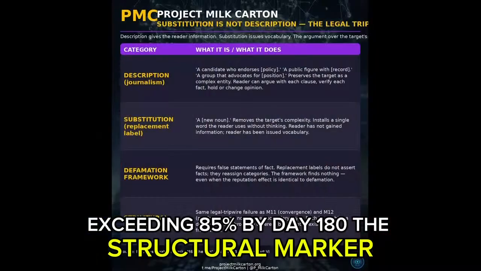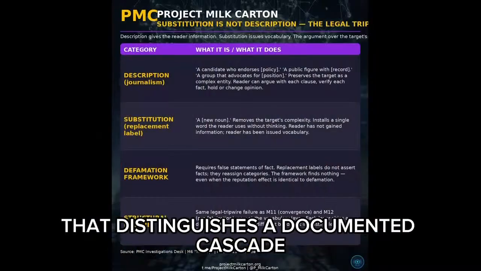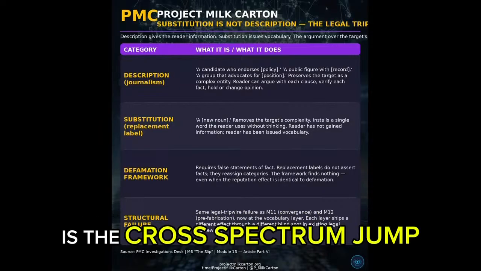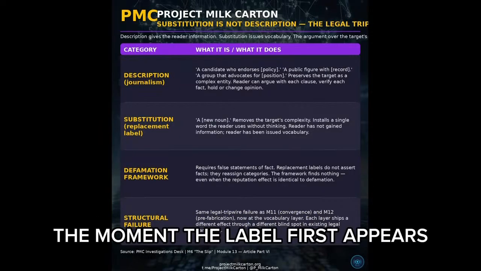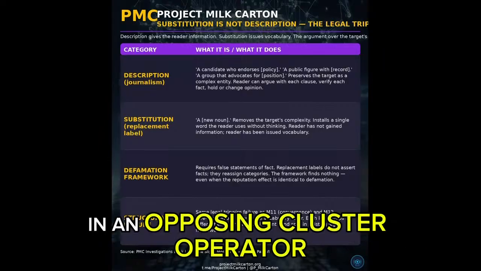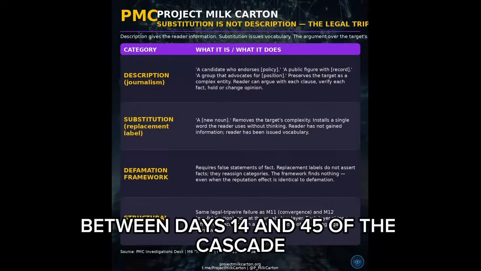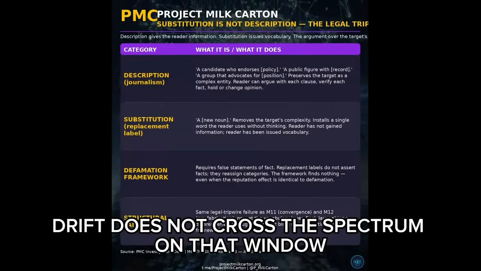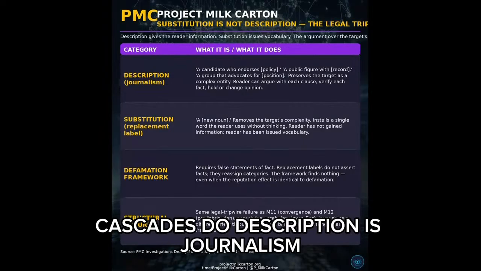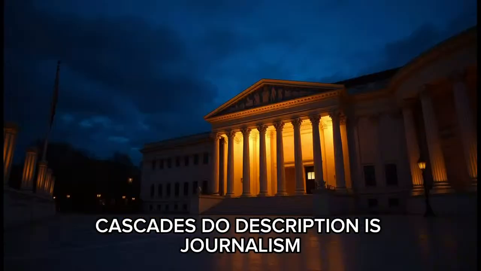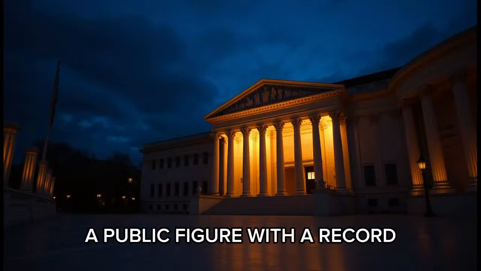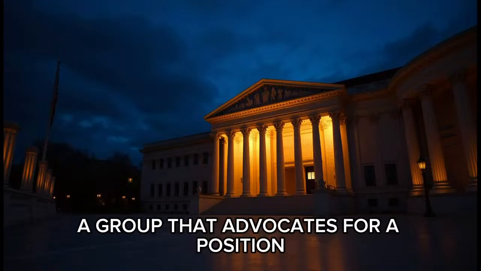The structural marker that distinguishes a documented cascade from organic linguistic drift is the cross-spectrum jump. The moment the label first appears in an opposing cluster operator between days 14 and 45 of the cascade, drift does not cross the spectrum on that window. Cascades do. Description is journalism, a candidate who endorses a policy, a public figure with a record, a group that advocates for a position.